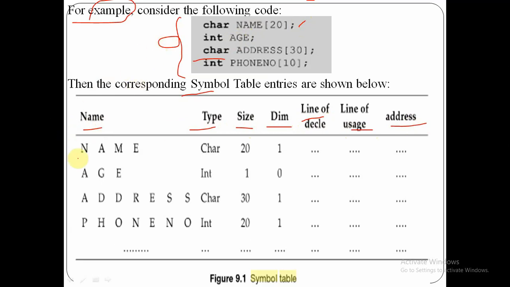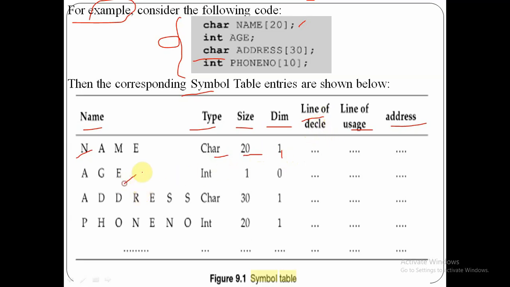The first variable name is stored in the first row. Here name is the name of the variable, its type is character, its size is 20 characters, dimension 1 means one dimensional array, and it may have some information representing line of declaration, etc.